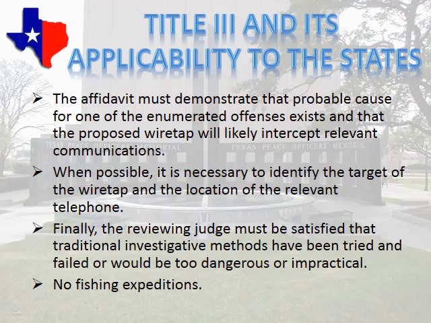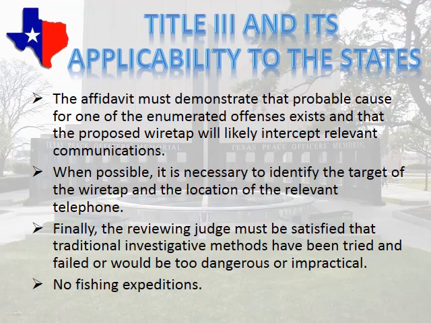The affidavit must demonstrate that probable cause for one of the enumerated offenses exists and that the proposed wiretap will likely intercept relevant communications. When possible, it's necessary to identify the target of the wiretap and the location of the relevant telephone, which is not as easy today because most people are going to be using cell phones and not hardwired phones.